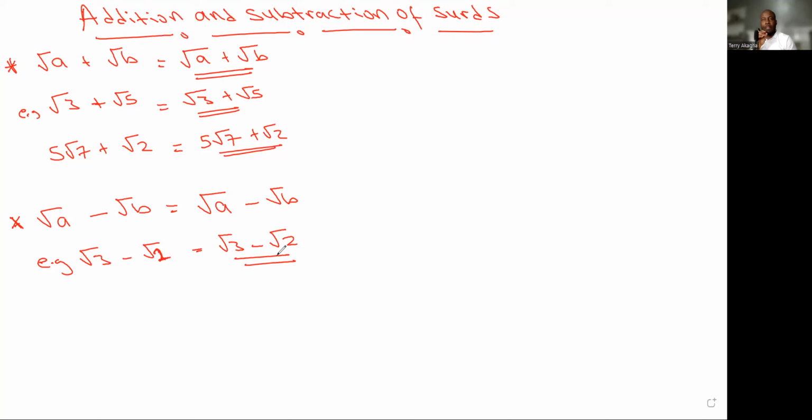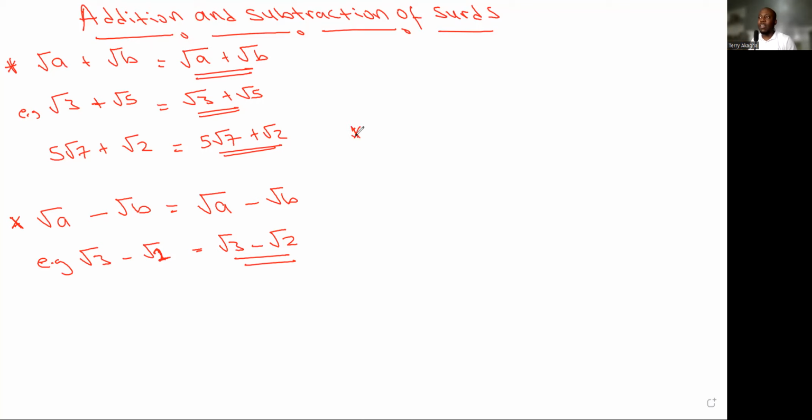So if the surds are different, nothing changes. It's the same for addition and subtraction. If they are different, you can't combine them.